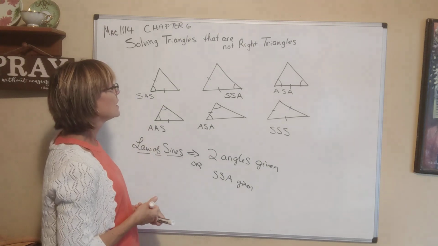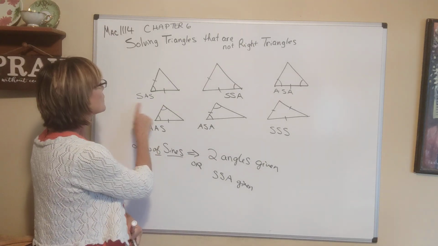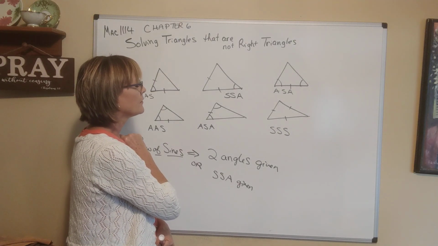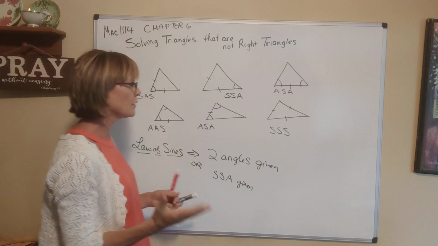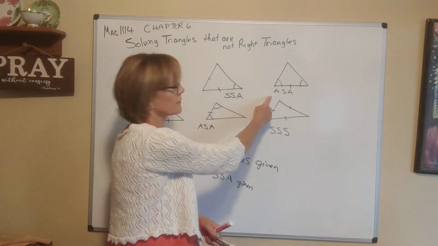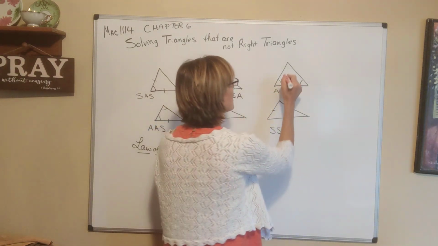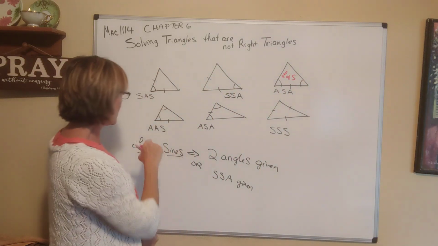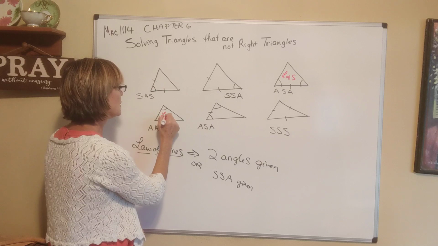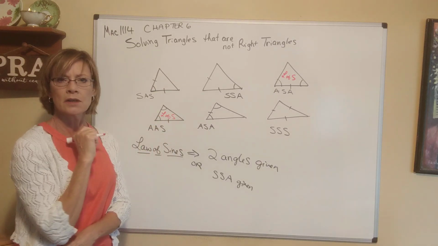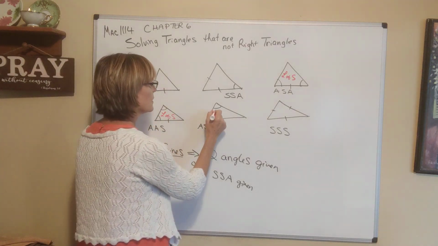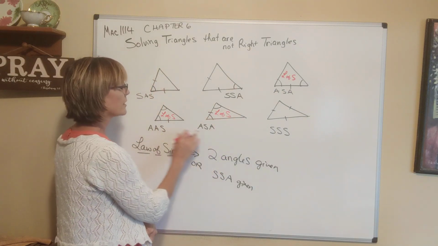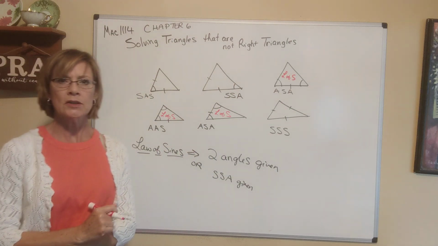So right here, I have only 1 angle given. That's not it. Where can we find 2 angles given? Right here. 2 angles given, angle and angle. This is law of sines. 2 angles given. Law of sines can be used there. 2 angles, 2 angles, 2 angles. Law of sines. We can use that.